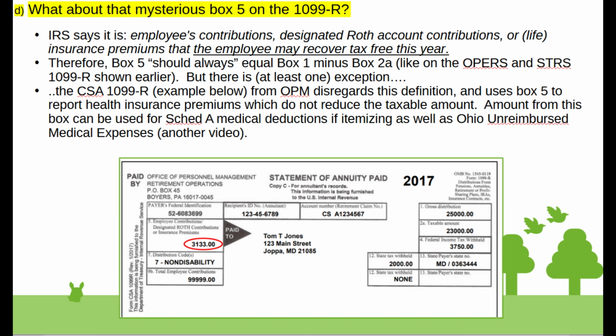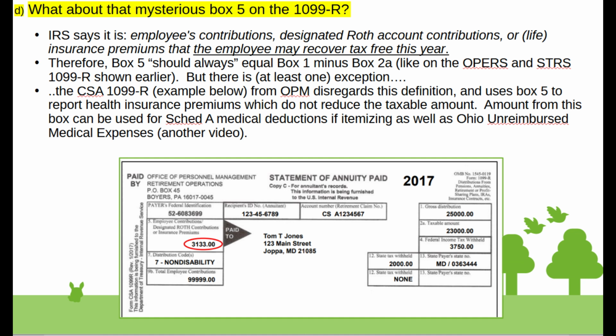But there is at least one exception, hopefully the only exception I know of, and that is the CSA 1099-R, which you may see as you're doing tax preparations. Is from the Office of Personnel Management, which basically pays federal retiree pensions. They disregard this definition. They use box 5 to report health insurance premiums, which do not reduce the taxable amount.